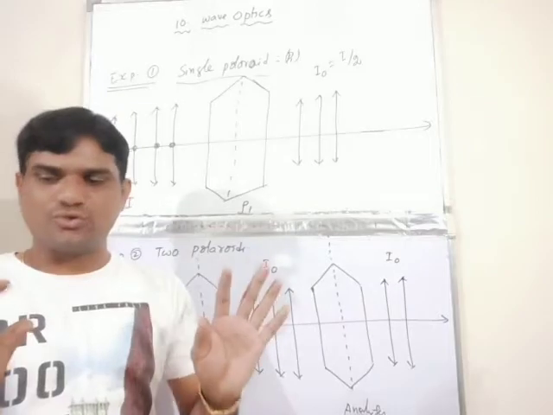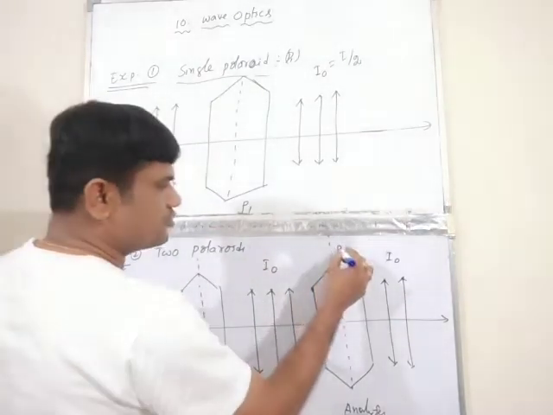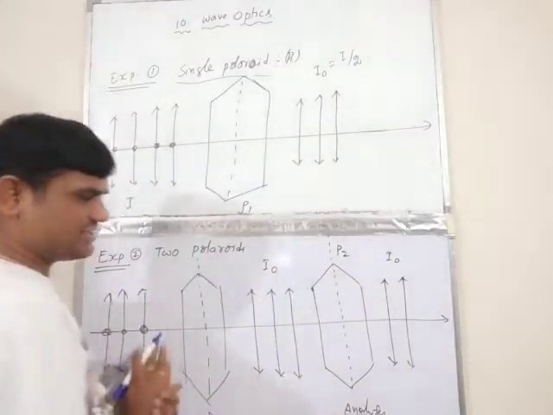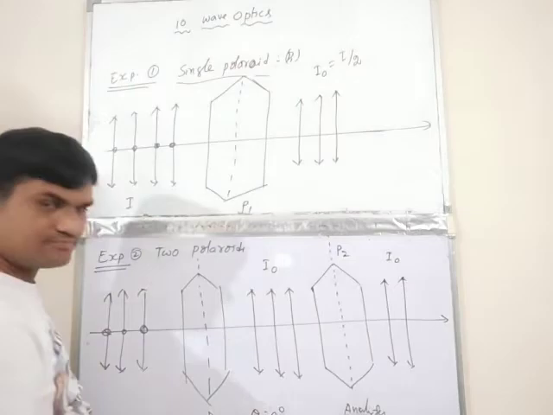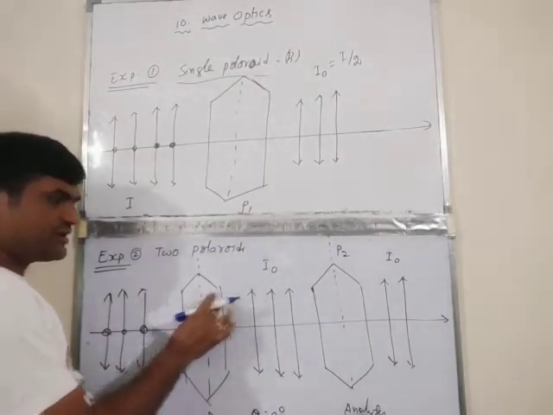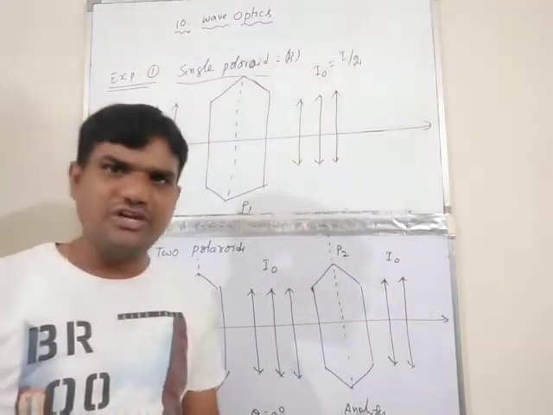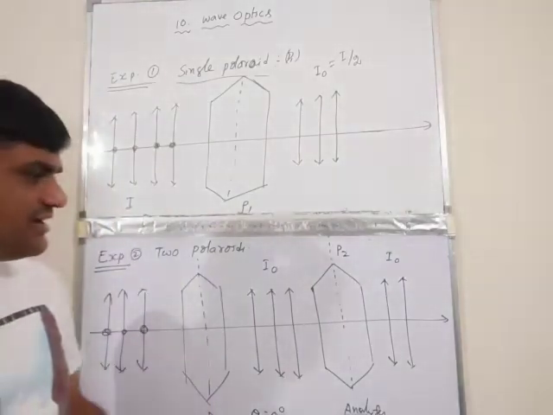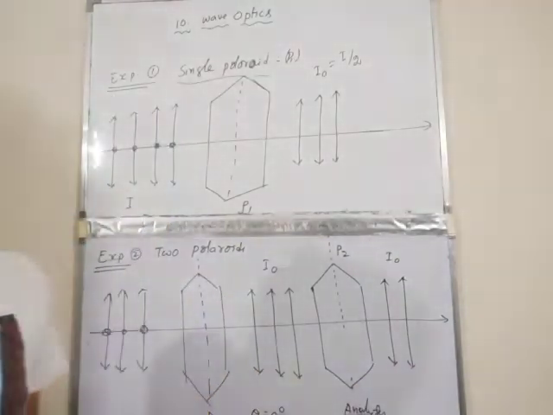For example, if P1 and P2 are both in the same direction, that means theta is equal to 0 degrees, both parallel to each other. In that case, the intensity does not change.